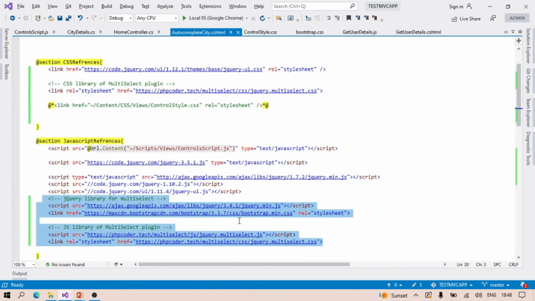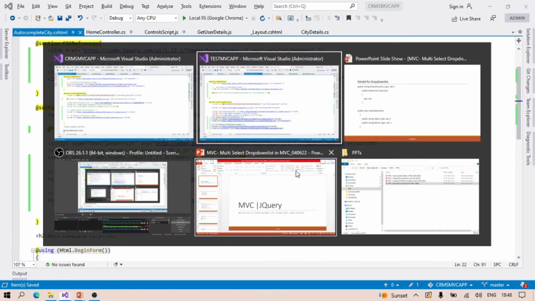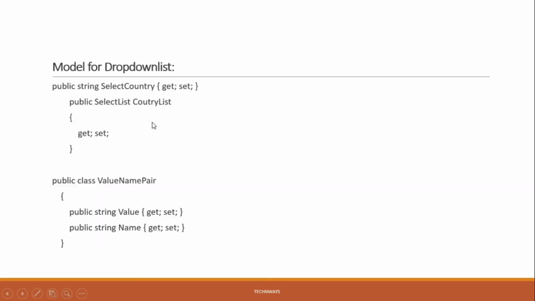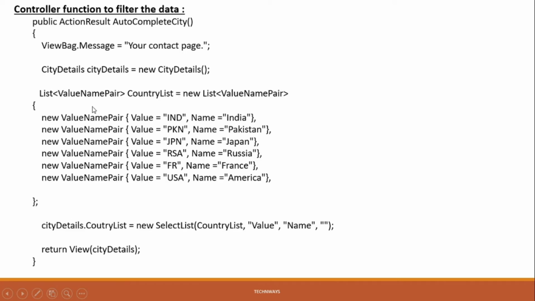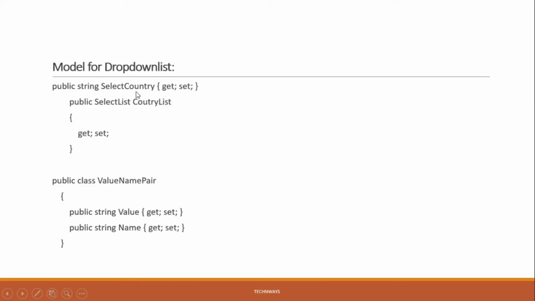Now what we need to do is create a model for that, for whatever models we are going to use. Basically, if you see here, let me go back. This is the drop down name, select country, so you can say it is the label name, and select country list. The country list is the list which will contain the data for displaying in the drop down.